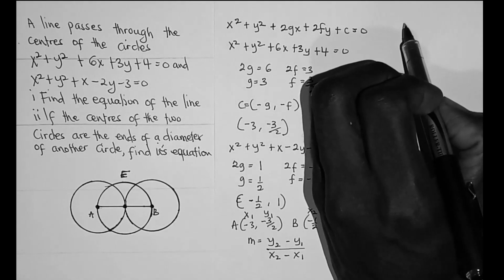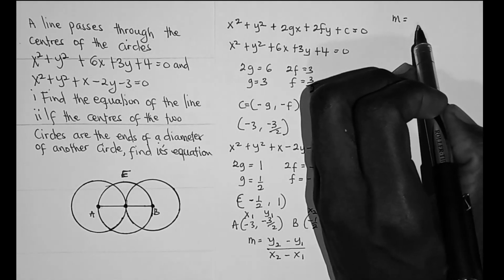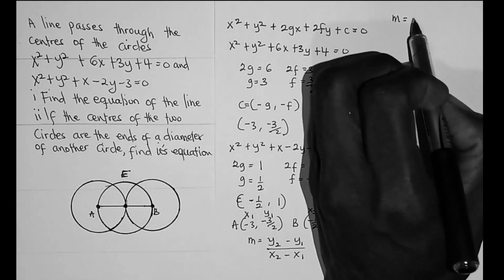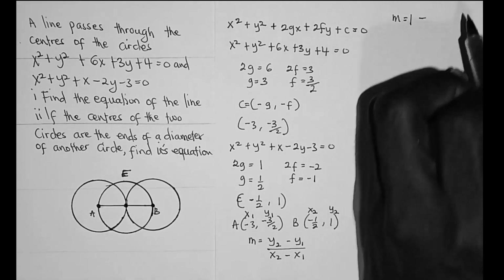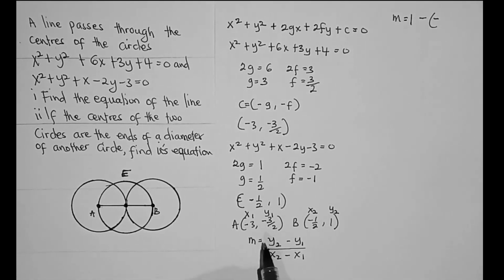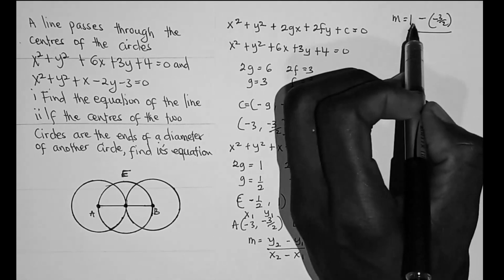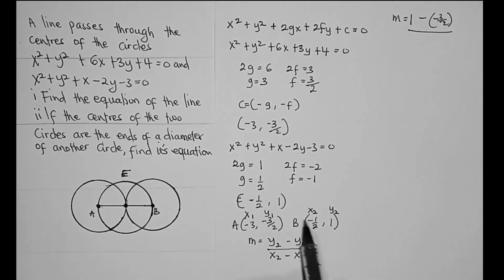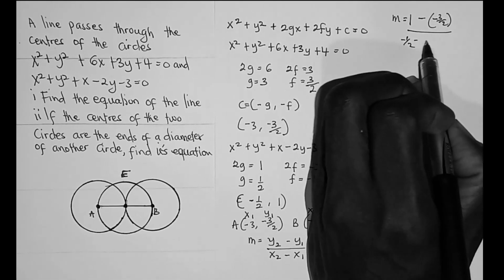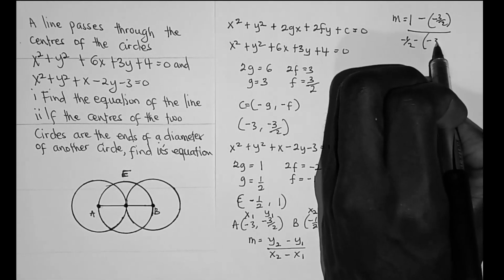So the gradient m is equal to y2, so this is 1, minus y1, which is minus 3 over 2, divided by x2, which is minus 1 over 2, minus x1, which is minus 3.